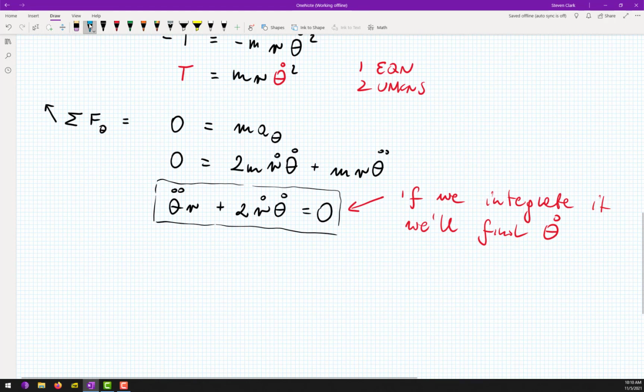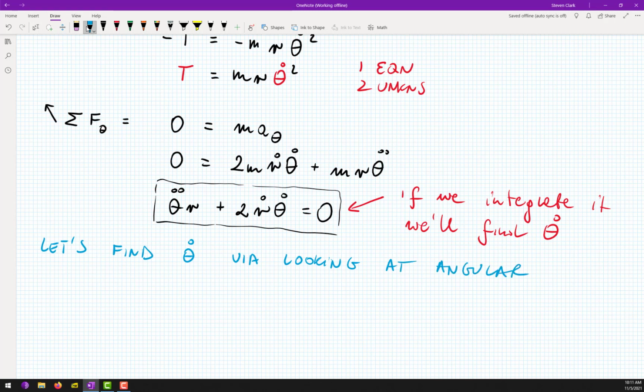Okay, so let's find theta dot via looking at angular momentum about point B, and point B is of course the center.